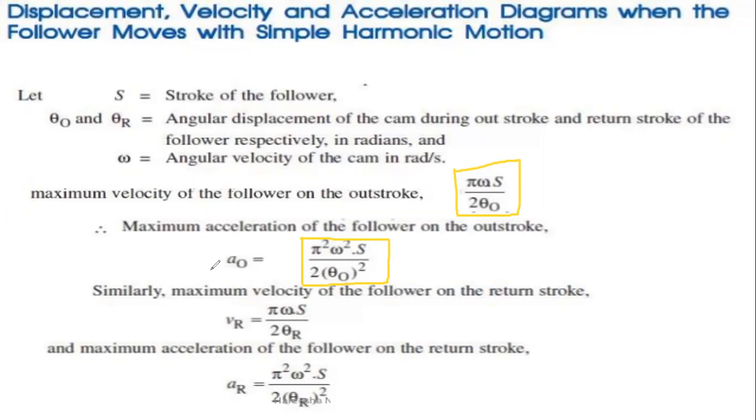For similar values, that is the maximum velocity and maximum acceleration for the return stroke of the follower, velocity of r is taken as pi into omega into s by 2 into theta of r, and acceleration of the return stroke is taken as pi square omega square s by 2 into theta of r whole square.